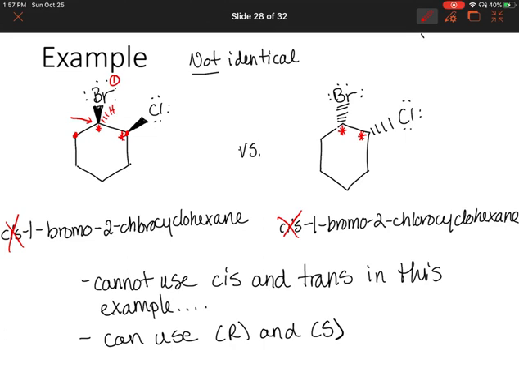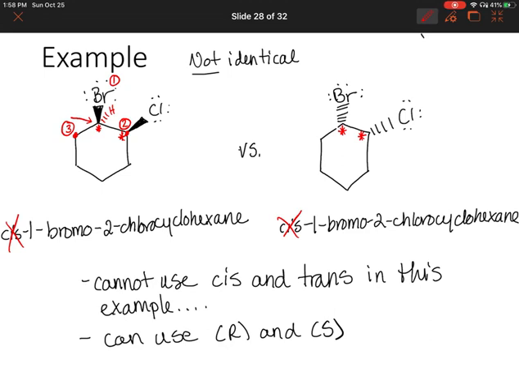Next would be carbon, but we have 2 carbons, so we have to figure out which carbon has higher priority, the one on the left or the one on the right. The one on the right, because it's bonded to heavier atoms like chlorine. So that gets priority 2, the other carbon gets priority 3, and then hydrogen is in the back, so we don't worry about it. That's our lowest priority atom.